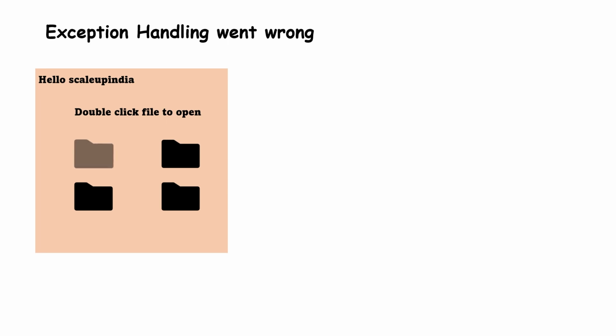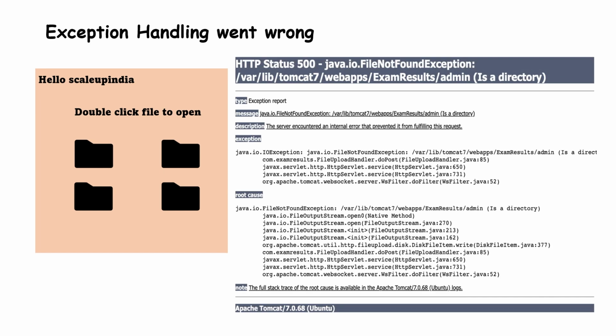So the user has clicked on our first file and instead of seeing the contents, we are again showing something like this. Now this is a file not found exception. This file not found exception is a checked exception in the backend. We will discuss unchecked and checked exceptions later on also, but this is a checked exception.